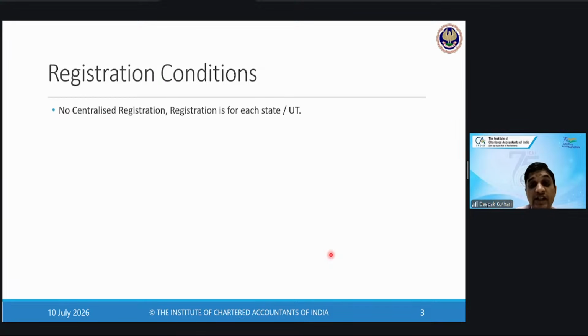Now, an important condition for registration is that there is no centralized registration. If you have 10 branches across different states, can you tell the government, I will take just one registration? Will they accept that?